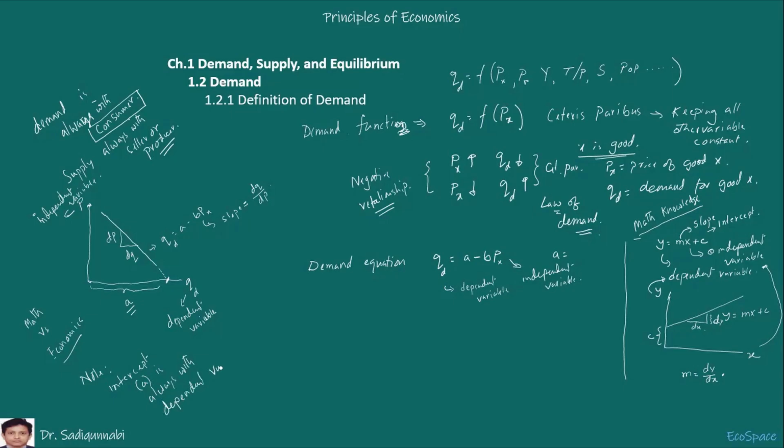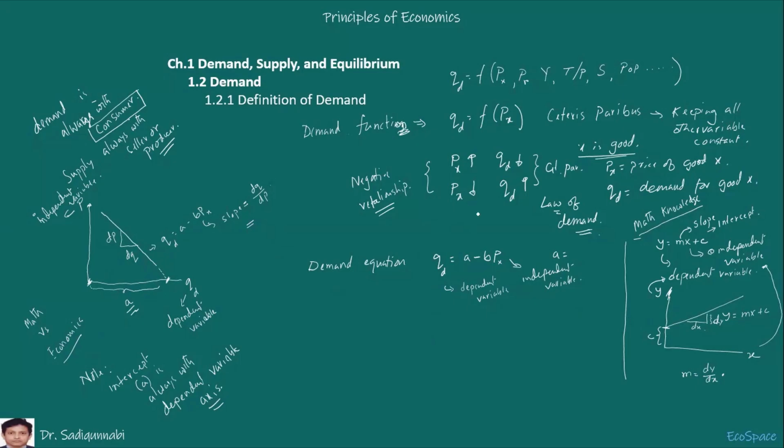When we are talking about math, Y is the dependent variable, so C is with the dependent variable axis, right? When we are talking about economics, our dependent variable axis is actually the x-axis. So here A is with our dependent variable axis, so this much is A. And we know that dq dp is our slope.